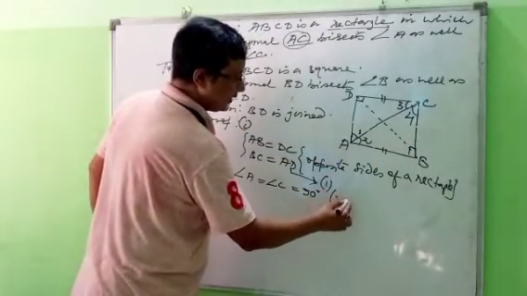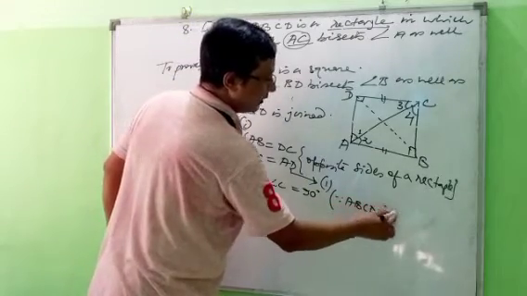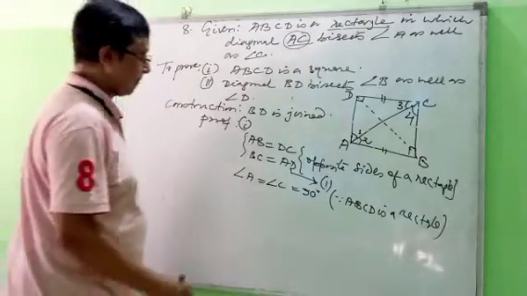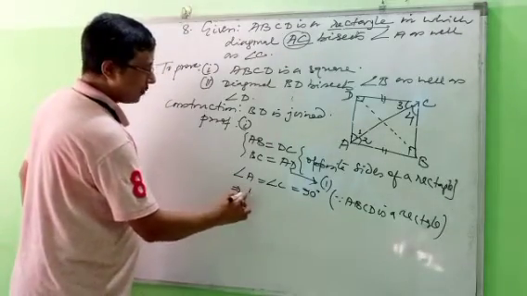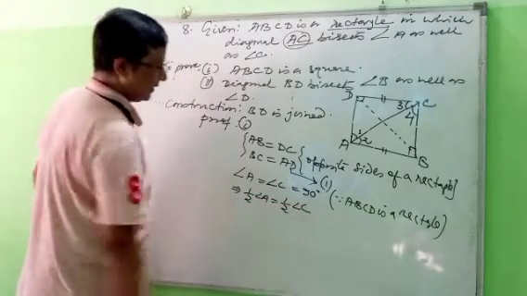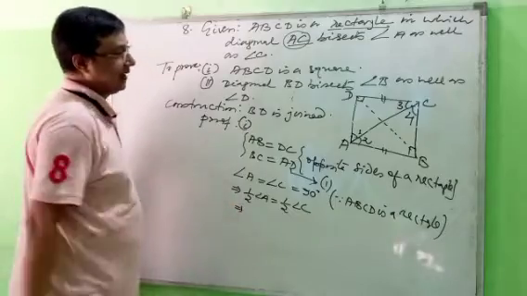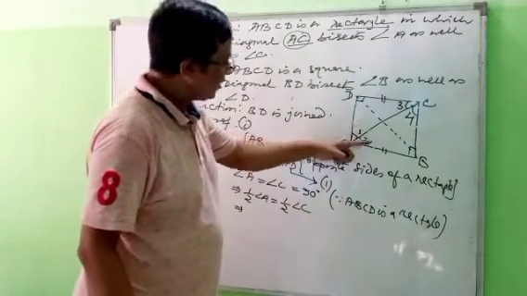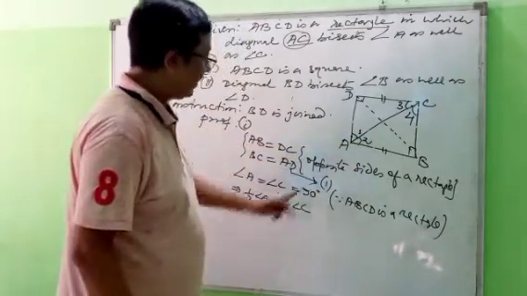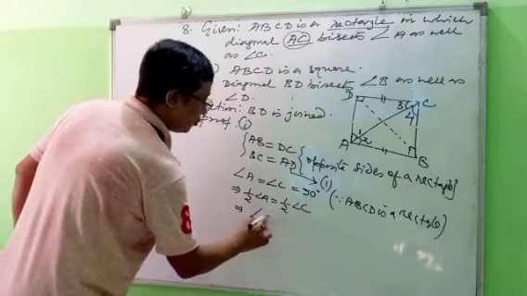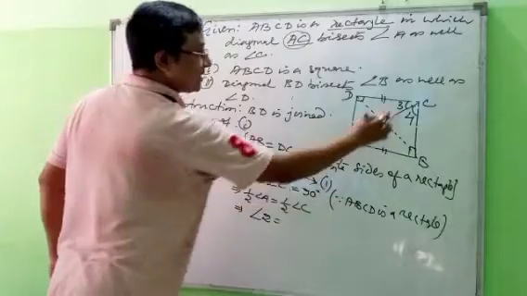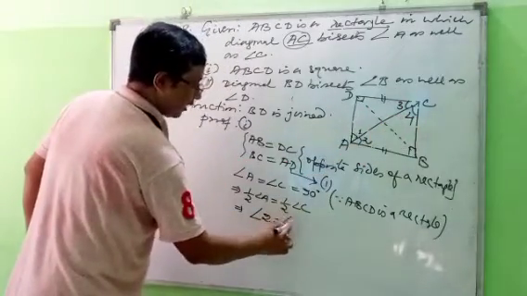Since ABCD is a rectangle, each angle is 90 degrees. Now making it half, half of angle A is equal to half of angle C. Half of A, you can take as angle 2, and half of C you can take as angle 4.